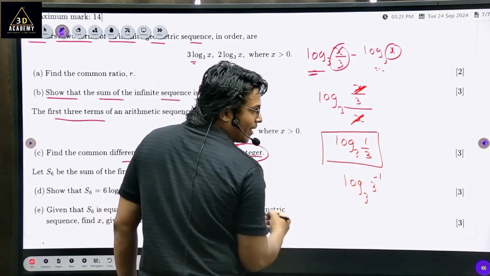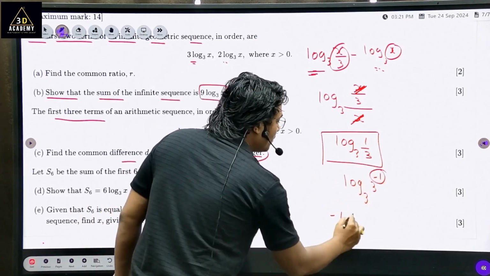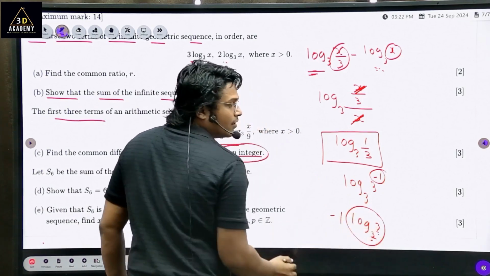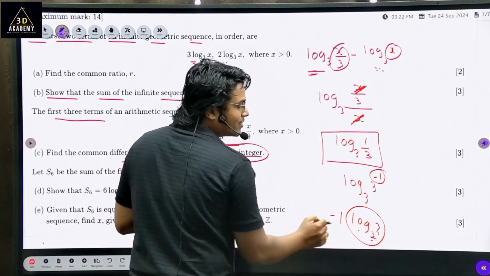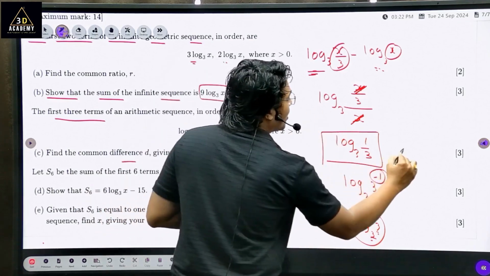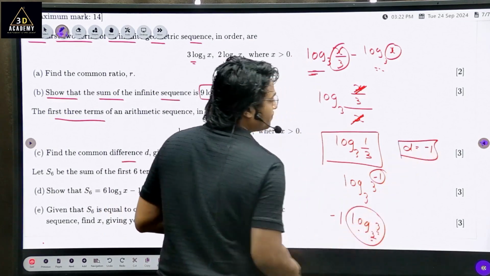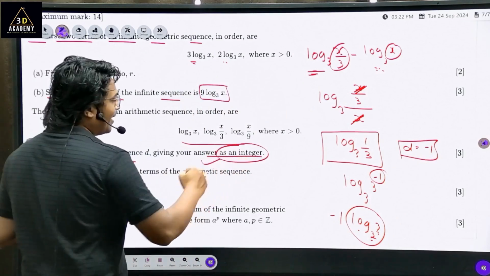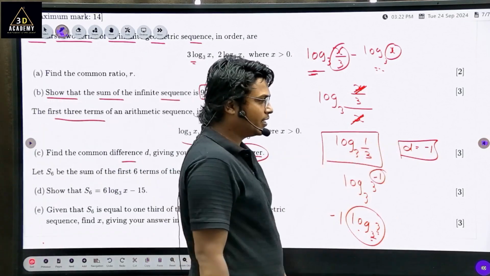It becomes 3 raised to minus 1. The power gets multiplied in, and log with the same base and same number gives 1. So our common difference is coming -1. That is the integer.